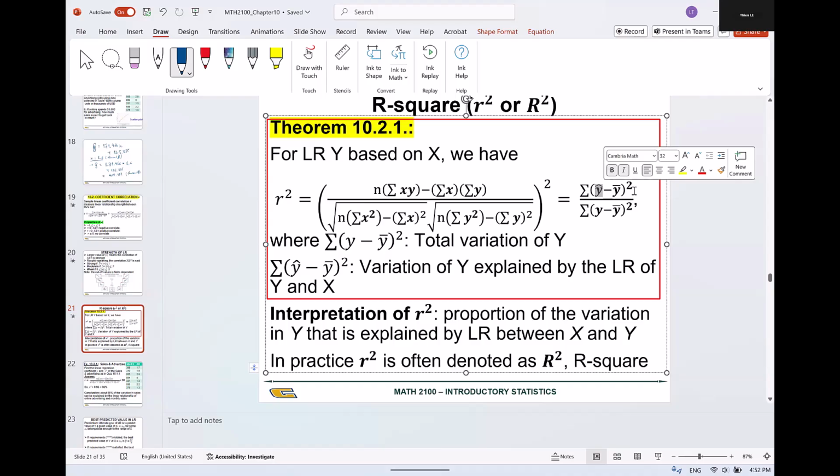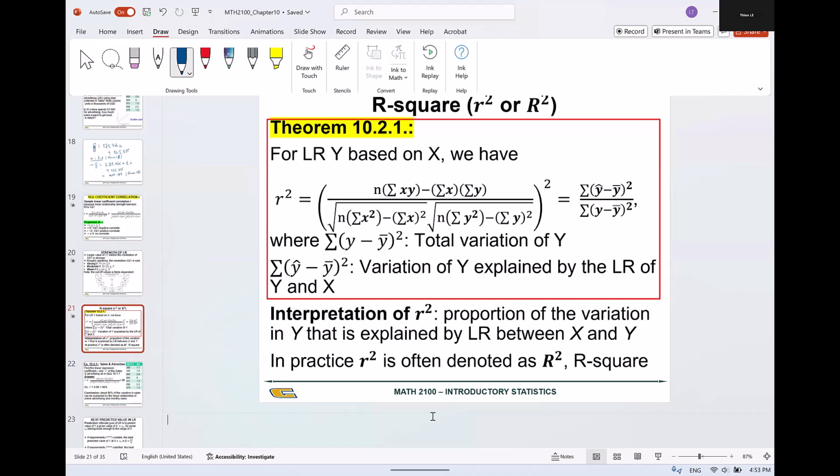So the R square basically tells us the proportion of the variation in y that can be explained by the linear relationship between x and y. So this is the part explained by the linear regression, and this is the total variation. And in practice, we often denote R square by big R square.